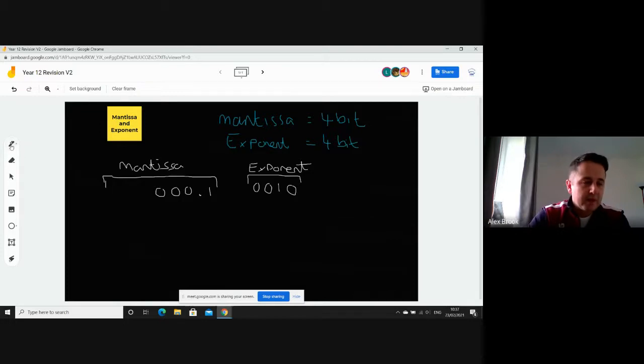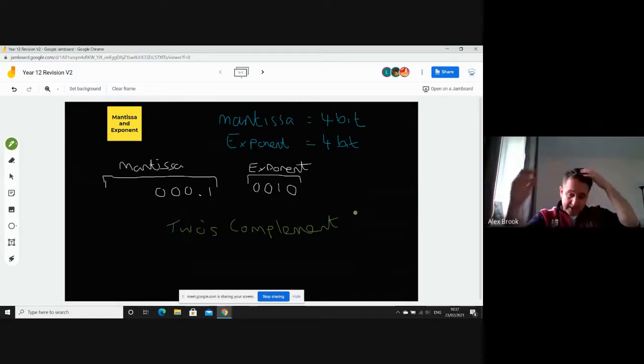This is also always in 2's complement. So you always do Mantissa and exponent using 2's complement. I know you probably prefer doing sign and magnitude because it's nice and easier, but Mantissa and exponent is always set up using 2's complement because it's a way of showing negative numbers with a decimal place, and to help with the exponent.